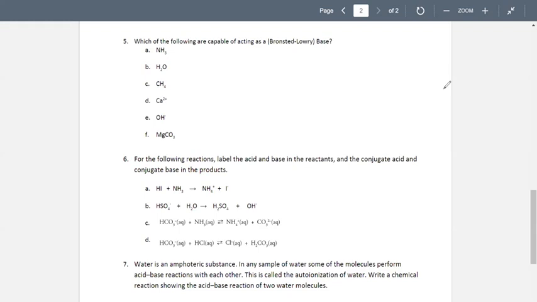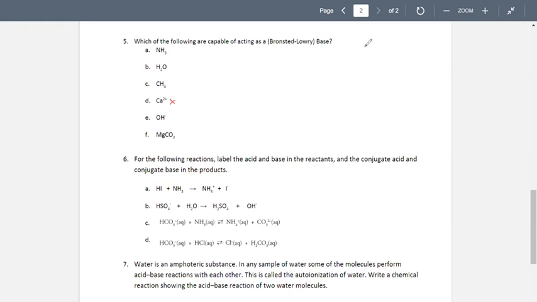So you need to figure out whether it has a lone pair or not. The one over here, which has the positive sign, cannot be a base. So this is not a base, right? So out of these, does ammonia have a lone pair? We know that ammonia has a lone pair, right?